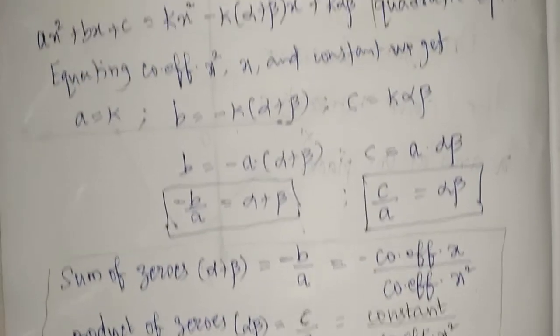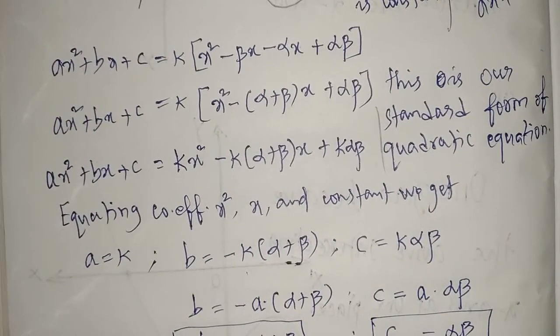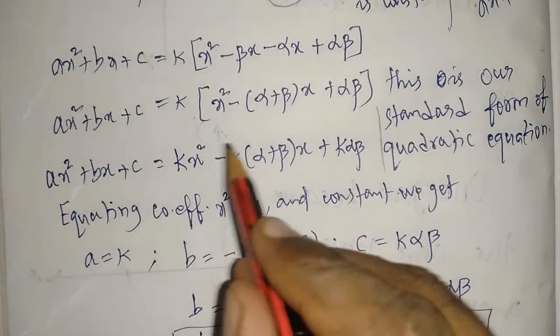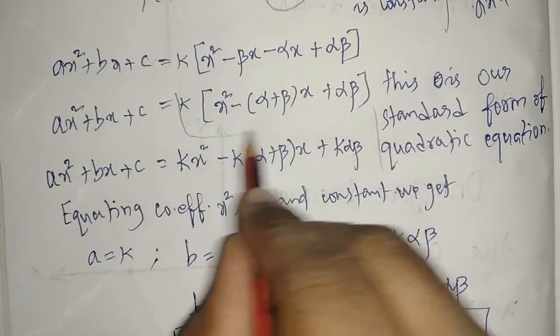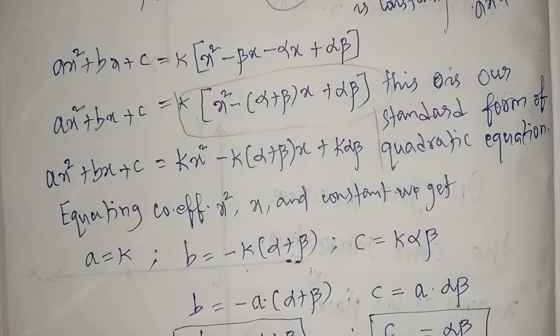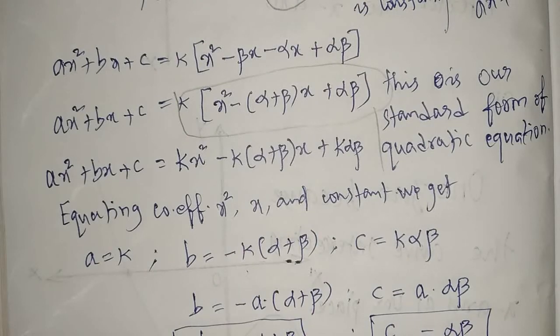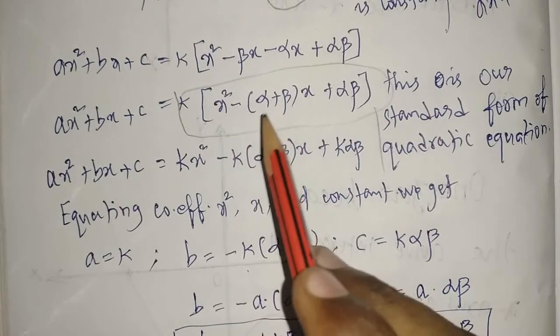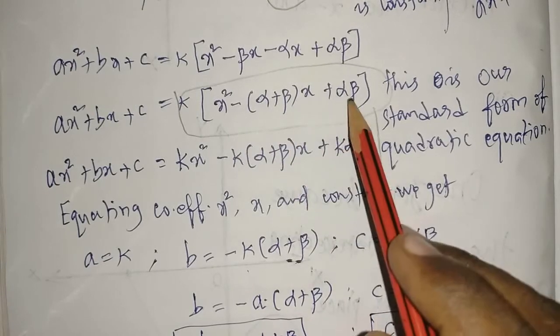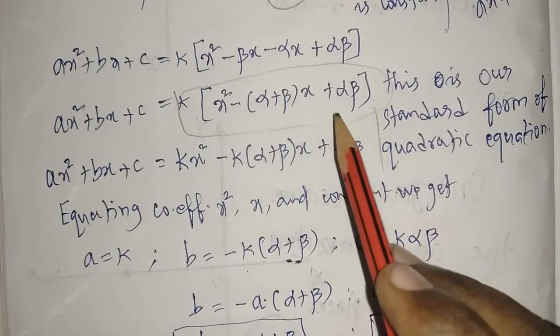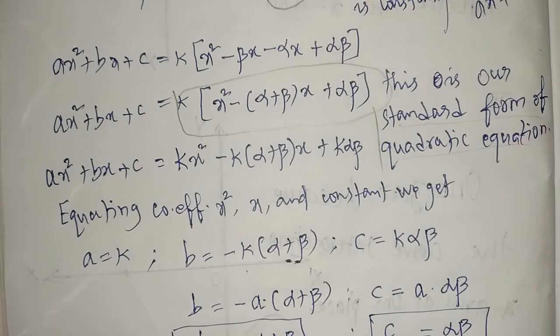At the same time, the standard form of a quadratic polynomial is k into x square minus alpha plus beta into x plus alpha beta, which I mentioned here.